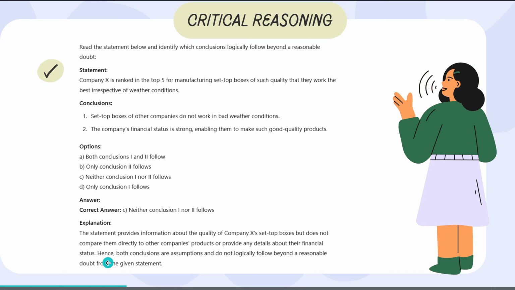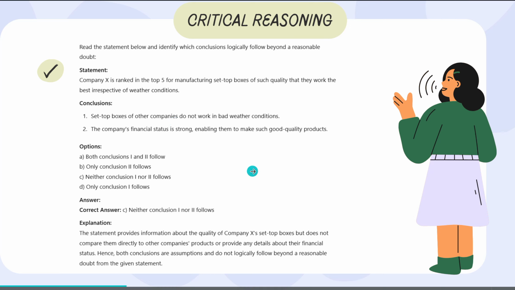Hence, both conclusions are assumptions and do not logically follow beyond a reasonable doubt for the given statement, right? Here the statement is providing information about company X only. It is not comparing with others, but the conclusions are comparing with the other companies, so they do not follow.